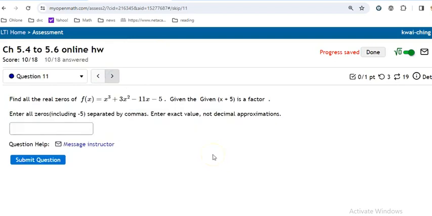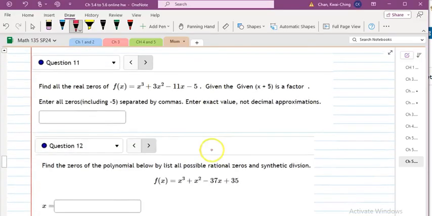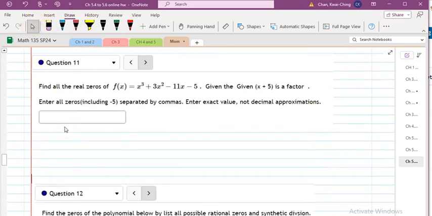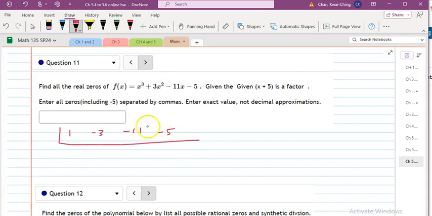Number 11. You were given one factor, and then you want to find the other one. Okay, so if someone gives us the factor, then we don't have to list the possible ones. We'll just say 1, negative 3, negative 11, negative 5, x plus 5.